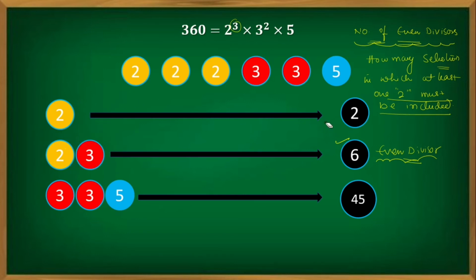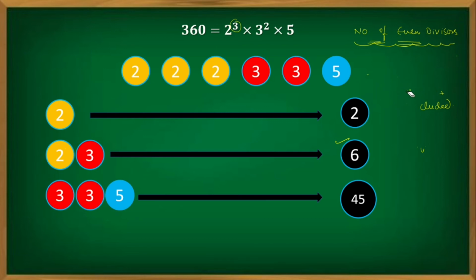So whenever you want to find the number of even divisors, what must we include? We must include at least one 2. So corresponding to at least one 2, out of 0 ball, 1 ball, 2 ball, 3 ball, 4 ways.